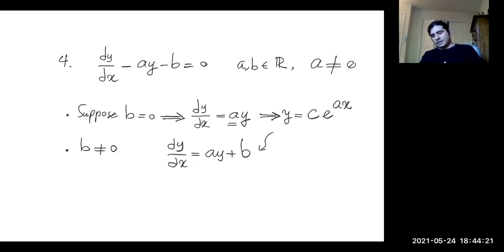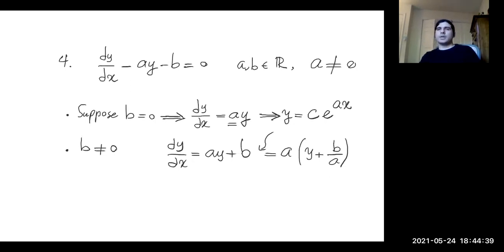Since a is non-zero, I can write this as a times (y plus b over a). I can factor a, since a is non-zero. If a was 0, that wouldn't make sense, as we are dividing by a.